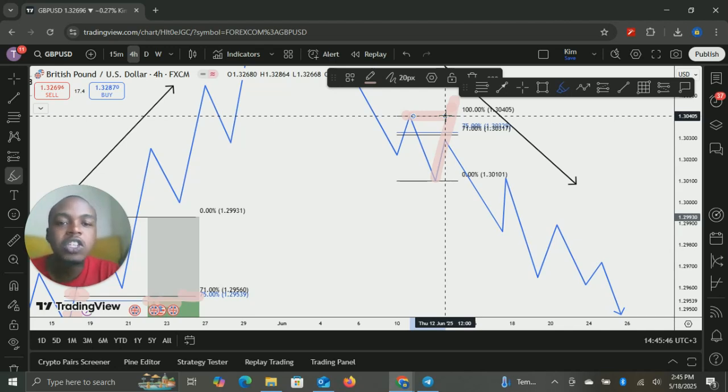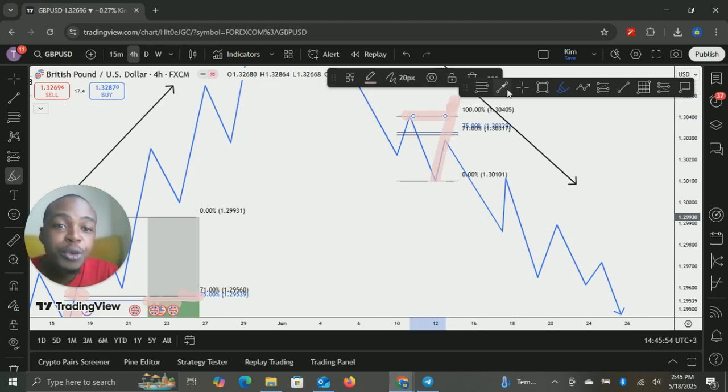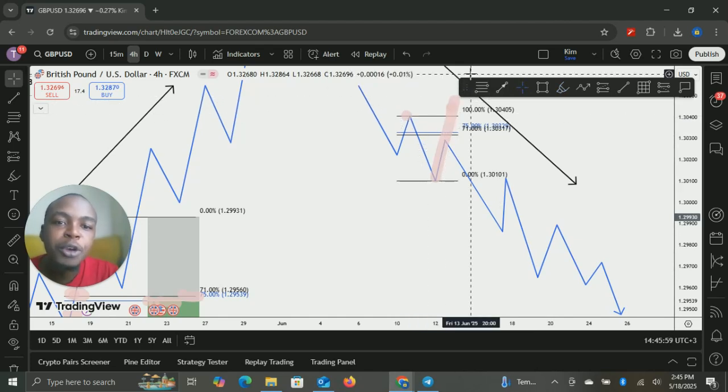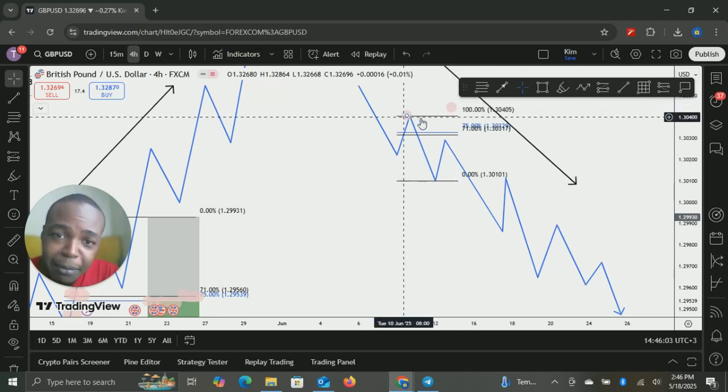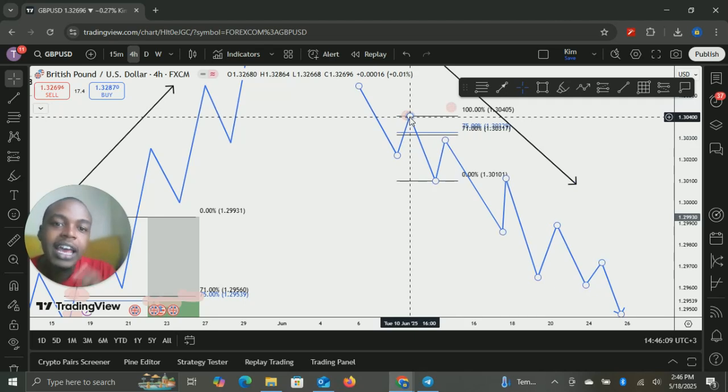It will have changed character from a downtrend, from the bear market to a bull market. So that is why we draw at exact points where we know that if the market reverses and comes back here and breaks this high, you just know that the market has changed character and is now a bull market.